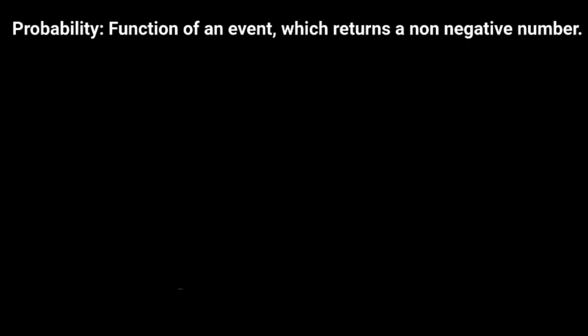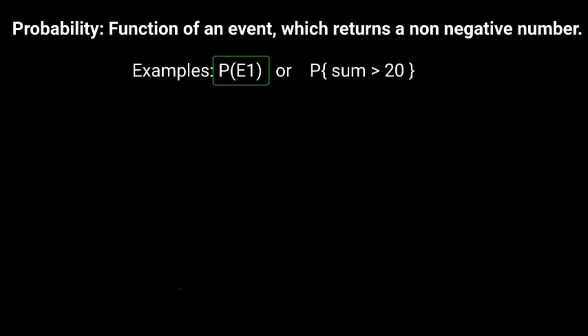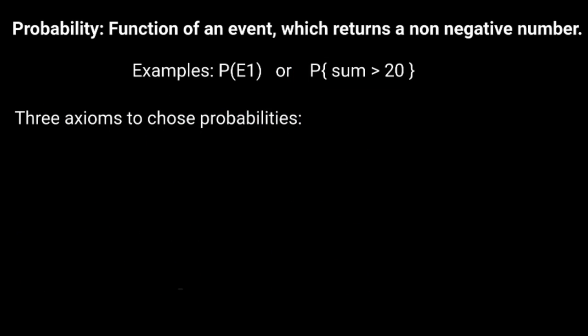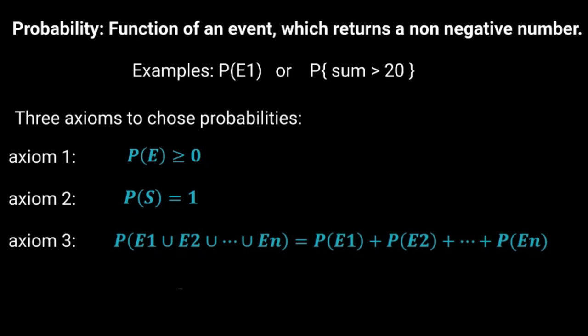The probability is defined as a function of an event and returns a non-negative number. Here the first example represents the probability of an event E1, and the second example represents the probability of getting sum greater than 20 in an experiment, in which the event is specified explicitly. While choosing the probabilities, we need to ensure that the following 3 axioms are satisfied.